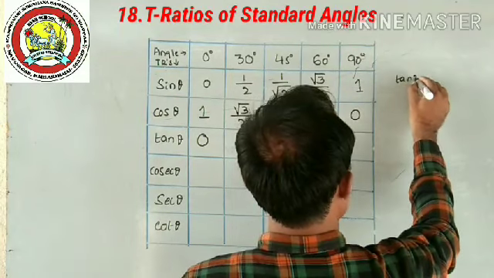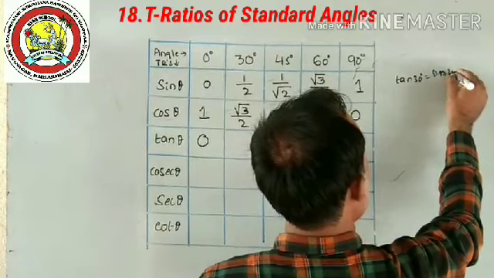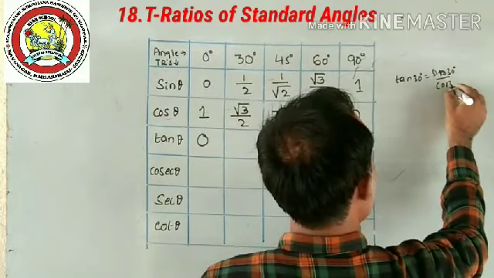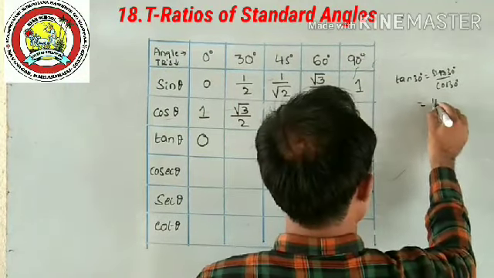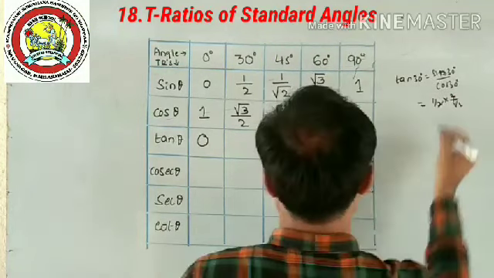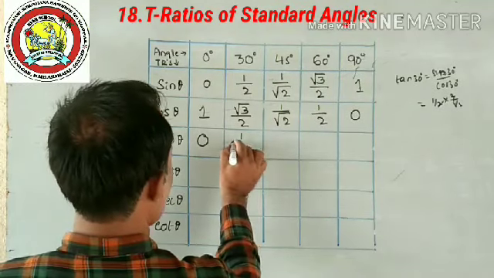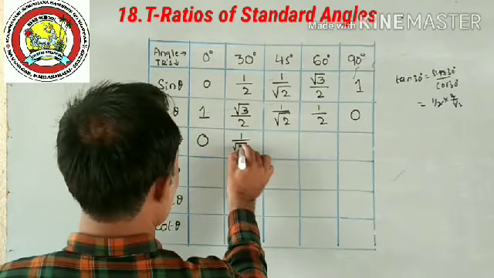Next, tan 30 is equal to sine 30 divided by cos 30. Sine 30 value is 1 by 2, multiplied by the reverse, 2 by root 3. The 2s cancel. Thus the value of tan 30 is 1 divided by root 3.